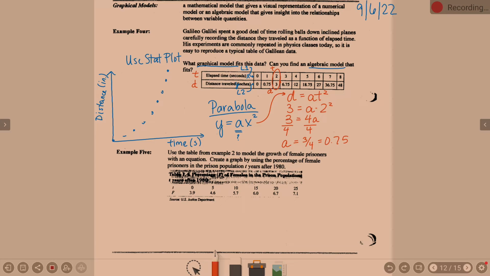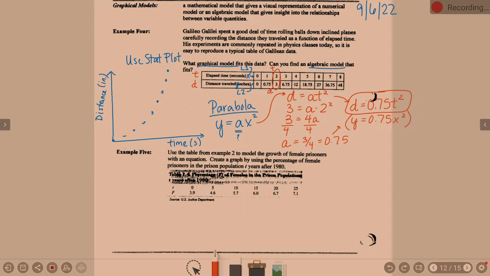But okay, so if we want to write our equation, d equals at squared. So one way to write this would be d equals, I actually used 0.75 in my notes, 0.75 t squared. If you're more comfortable with x's and y's and you would go back to the beginning, you could say y equals 0.75 x squared.